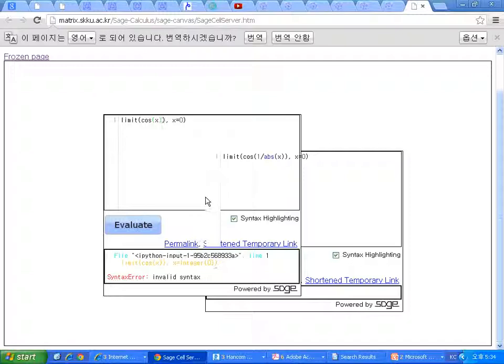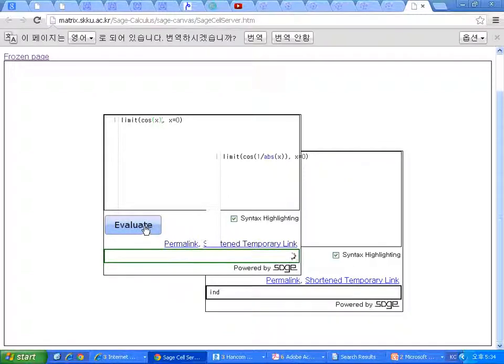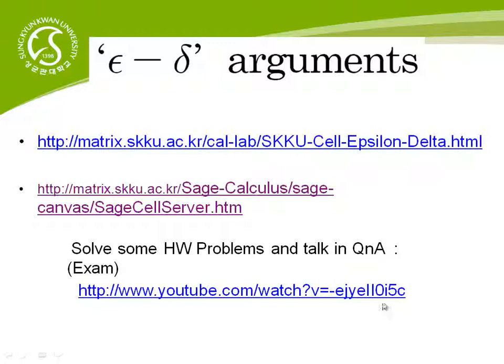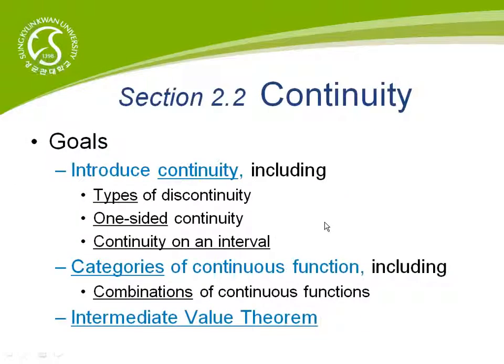Oh, this x, yeah, this parenthesis. Then we can find the value when x is equal to 1, the limit of cosine x when x goes to 1. That's the value. Something like that. This is another server that we are developing. And also there is a YouTube explanation of those things.